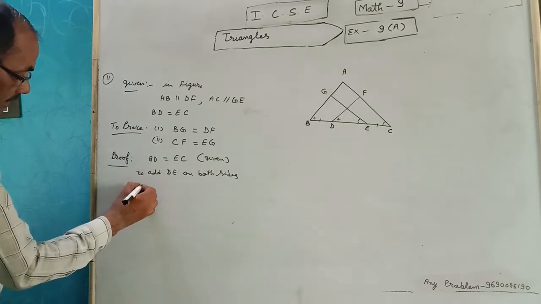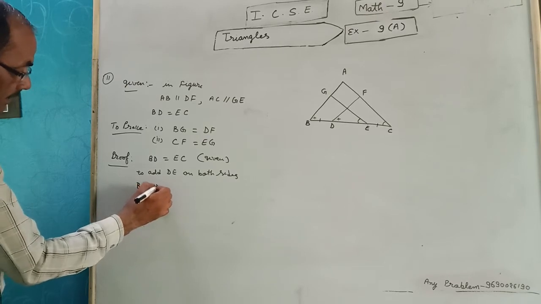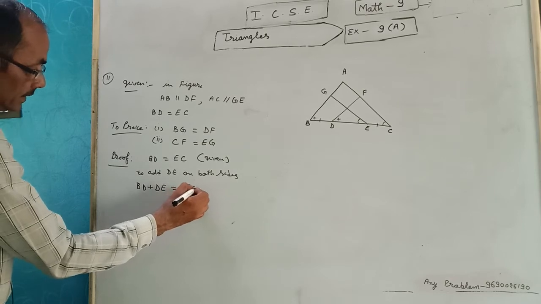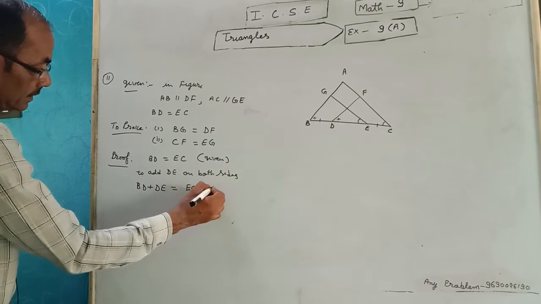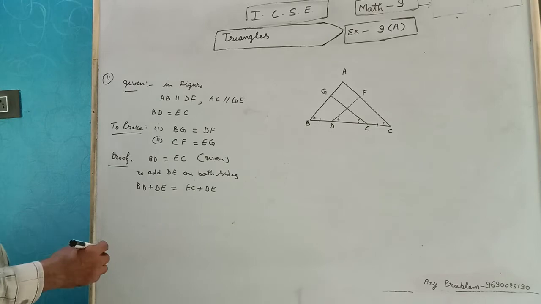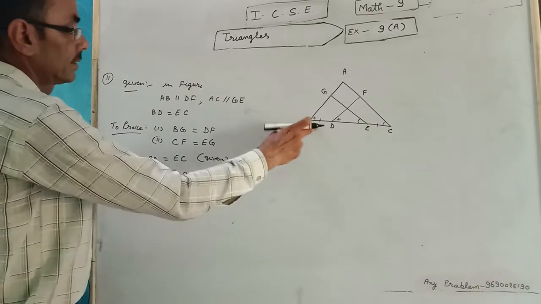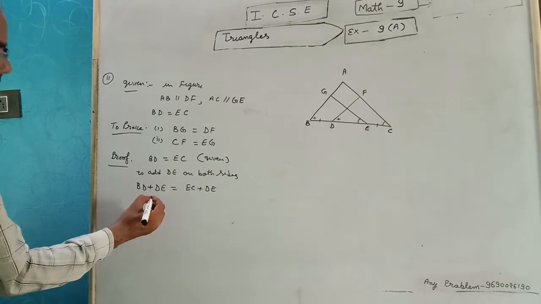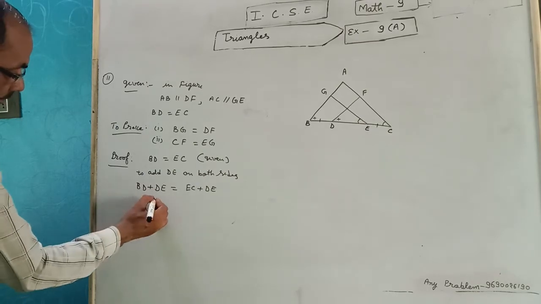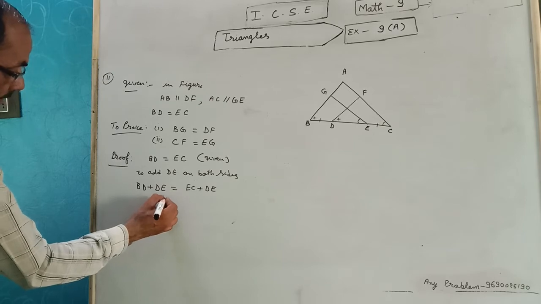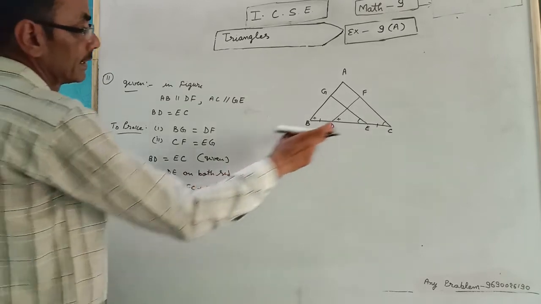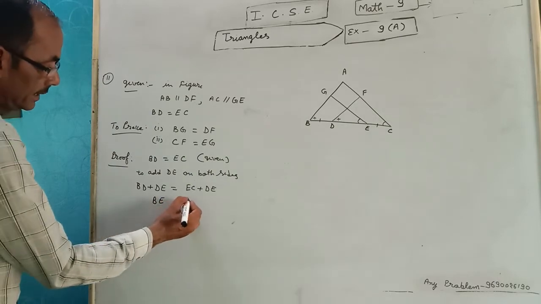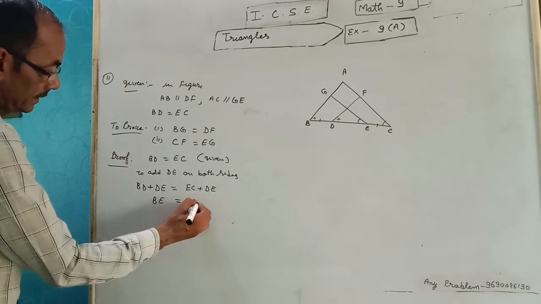BD plus DE equal to EC plus DE. BD plus DE equal to BE, and DE plus EC is DC.